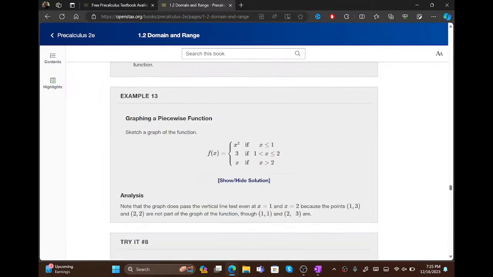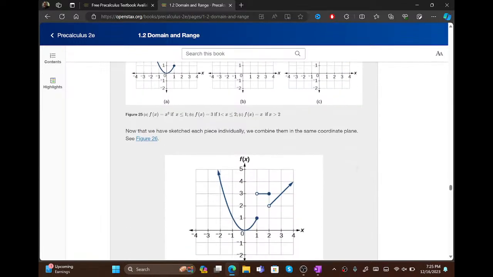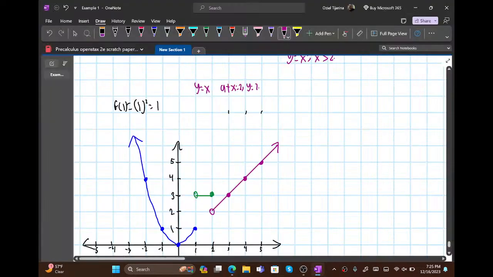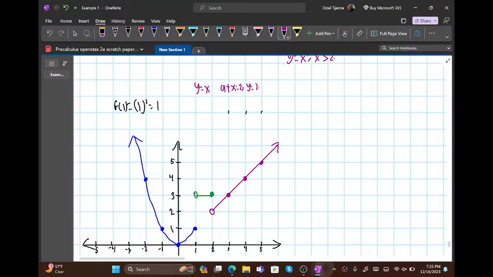Let me just make sure. Okay. Yes, that is how we graph it.